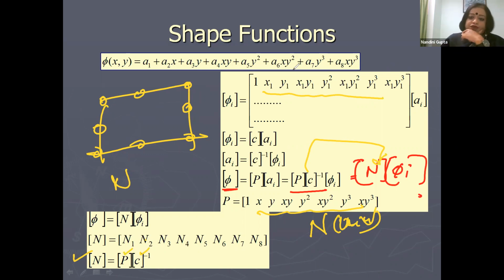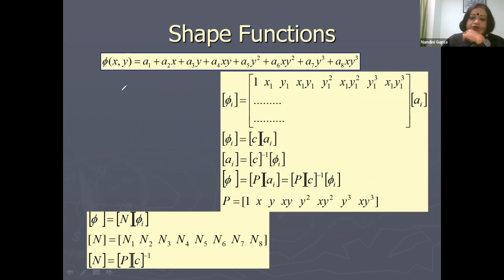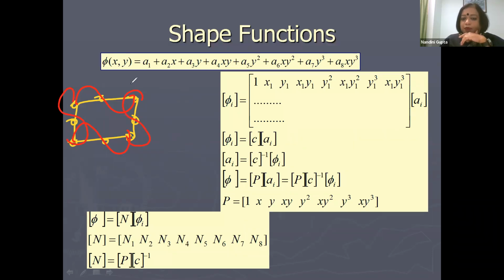So for example, to give you an example, if I'm going to do this, as you can see in this case, you can uniquely define a quadratic equation in this direction, also in this direction. So you can have a quadratic function in X as well as Y.